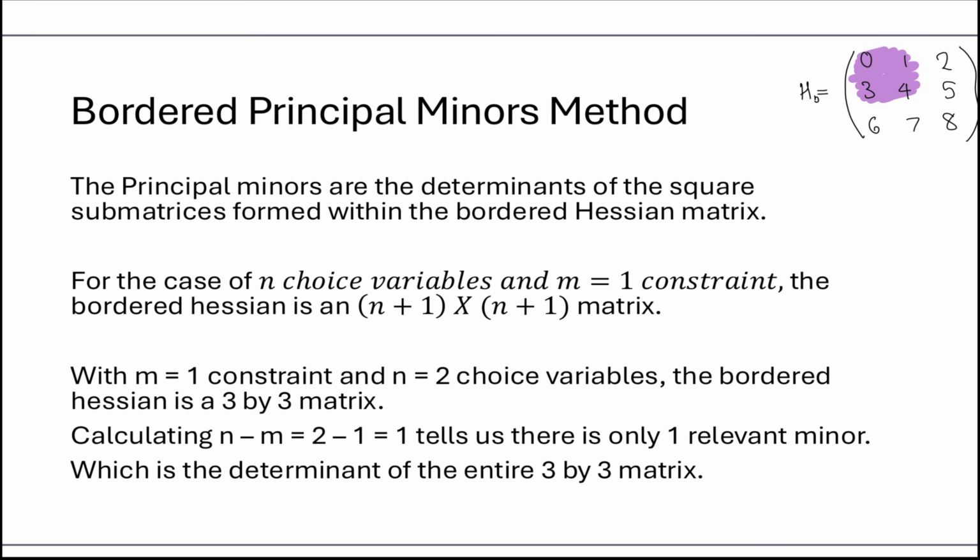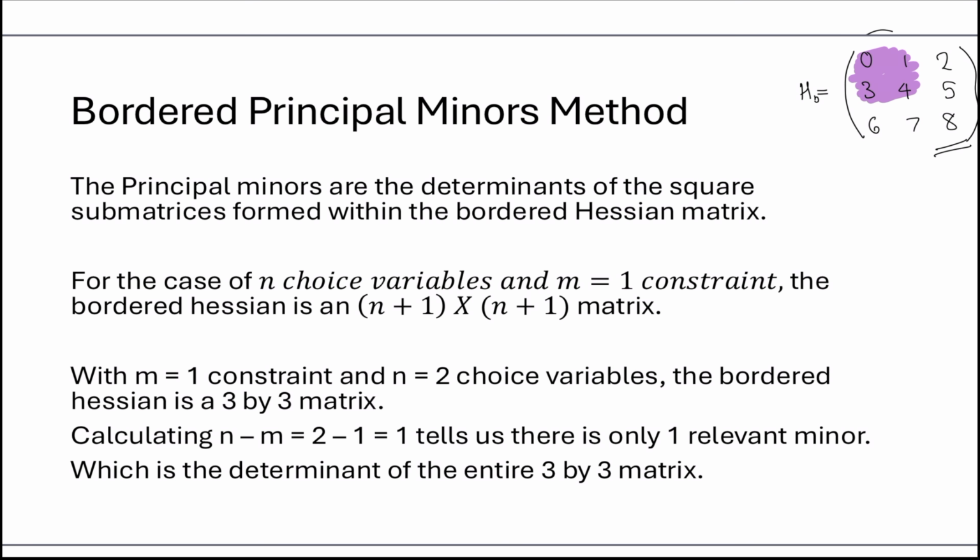Calculating n minus m, so the number of variables minus the number of constraints, which in this case is 2 minus 1, which equals 1, tells us that there will only be one relevant minor, which in this case is the determinant of the entire 3 by 3 matrix. So if this was our bordered Hessian, then the only relevant minor would just be the determinant of the whole matrix.